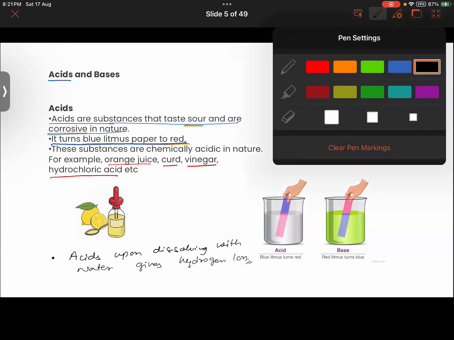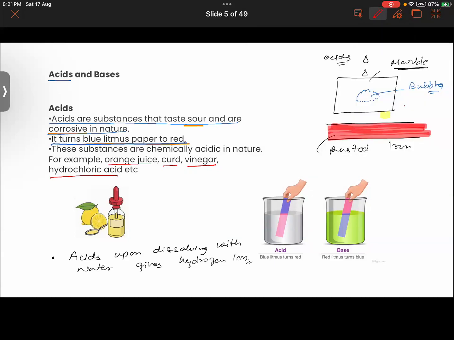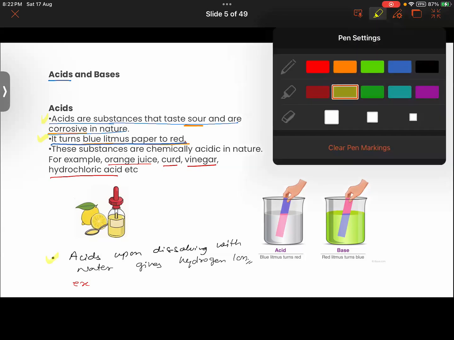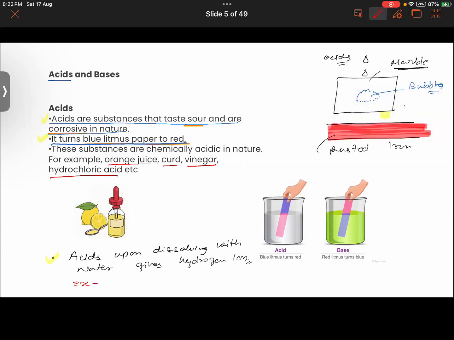After this, you will give some examples. Have you got what I have told you to write, this point and this point, the first two points? After that, you will write this. After this, you will give some examples.